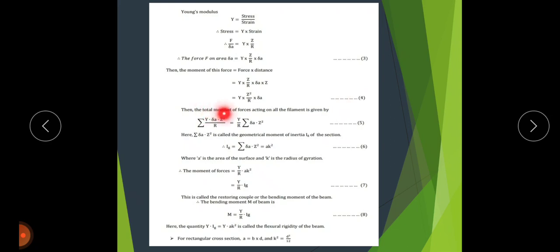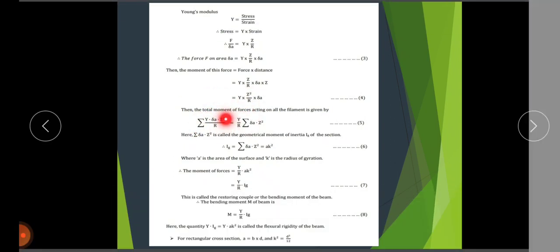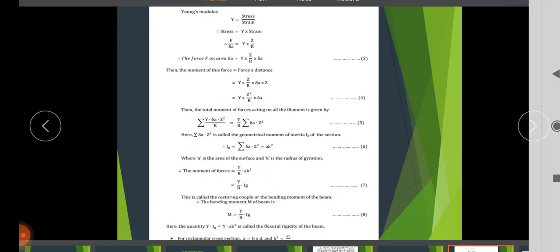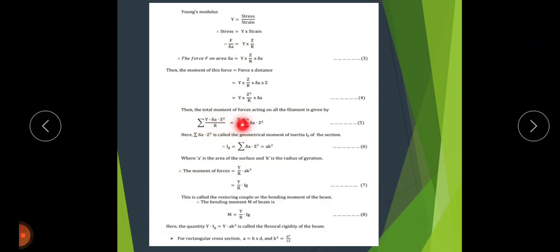Then the total moment of forces acting on all the filaments is given by the summation of Y into delta A into Z square divided by R. Y divided by R is a constant, so it is taken outside the summation.